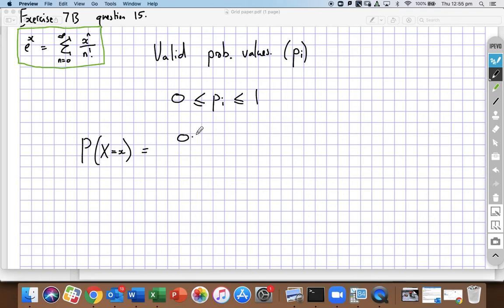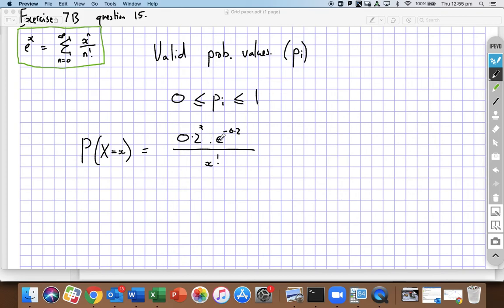Okay, so I'll just rewrite it. e to the minus 0.2. Well, this notation is a bit confusing. No matter what x is, this will always be positive, so we could say we're always greater than 0. And no matter what x is, the value will always be smaller than 1.